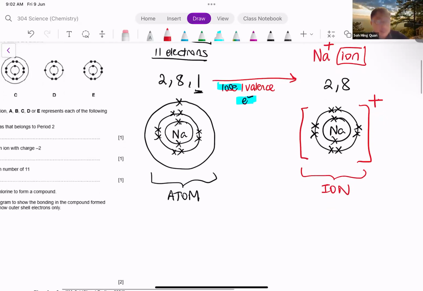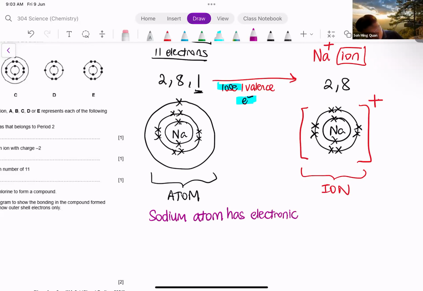Next, besides learning how to draw, you need to learn how to describe. You must be able to describe in words how and why sodium forms ions. So the sodium atom has electronic configuration 2, 8, 1.